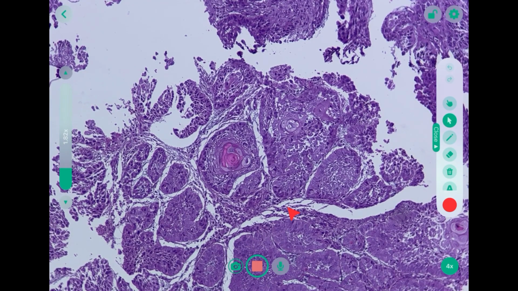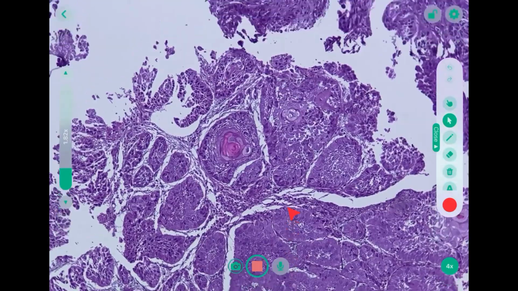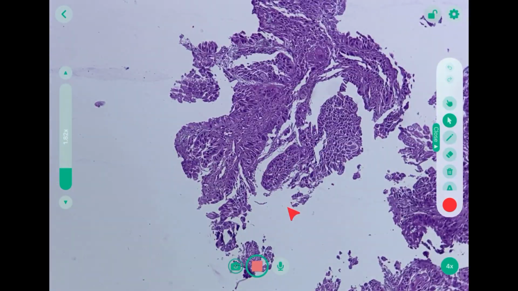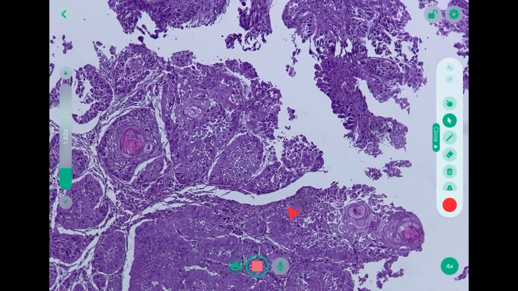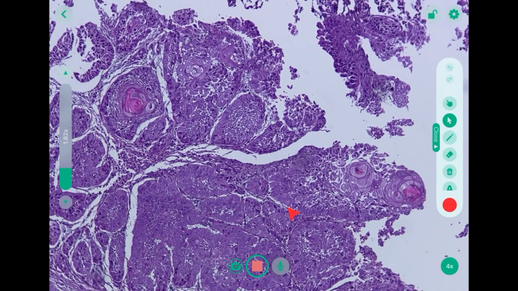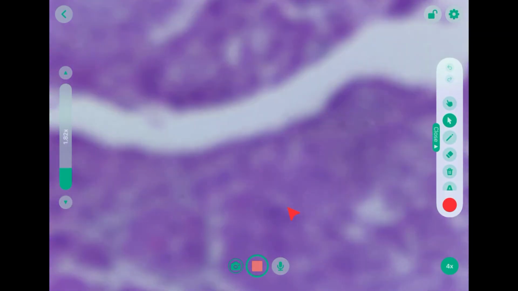Intercellular bridging is prominent, along with a few keratin pearls, and individual cell keratinization is also noted.